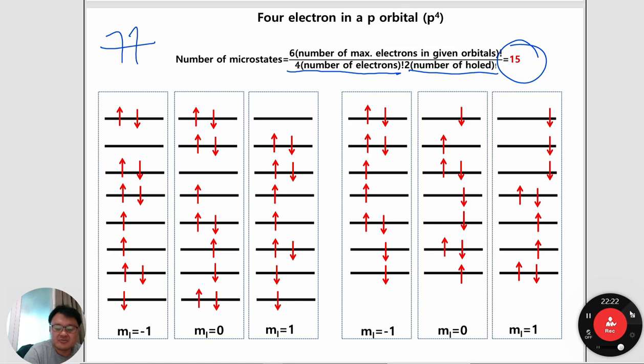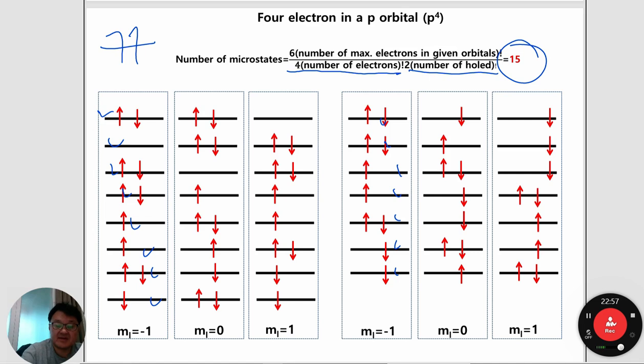I don't want to go into too much detail, but you can try to reproduce these 15 microstates and check your own result with mine, whether they agree with each other. So anyhow, 1, 2, 3, 4, 5, 6, 7, 8, 9, 10, 11, 12, 13, 14, 15. So we have 15 different microstates.